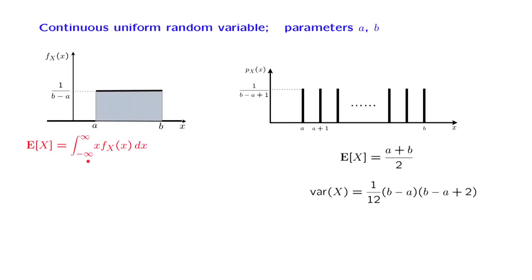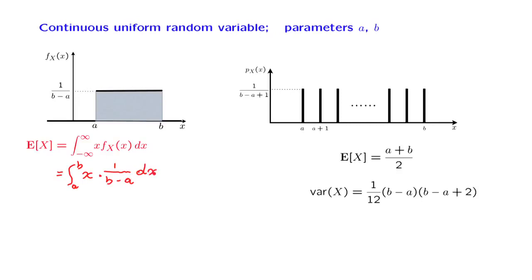On the other hand, we recognize that the density is equal to 0 outside the interval from a to b, and therefore there is going to be no contribution to the integral from those x's outside that interval. This means that we can integrate just over the interval from a to b, and inside that interval the value of the density is 1 over b minus a.